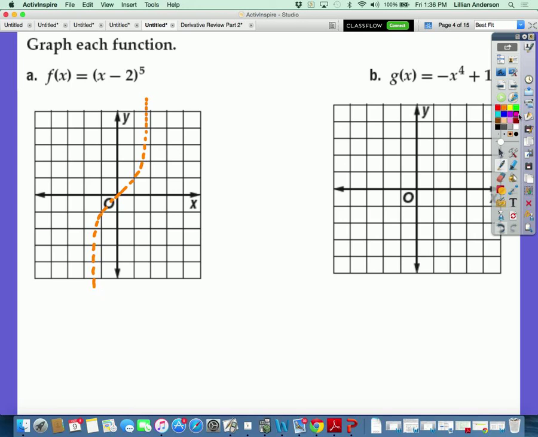You go to the right 2, because it's on the inside with the x. Anything on the outside affects your y's, anything on the inside affects your x's. So everything gets moved over 2 units, and you have your function.